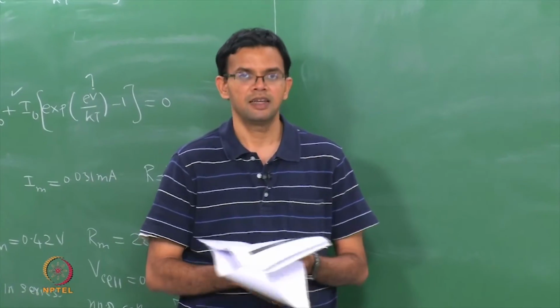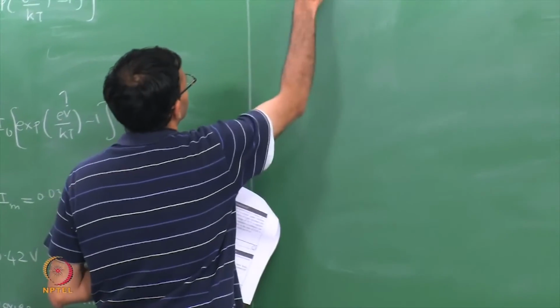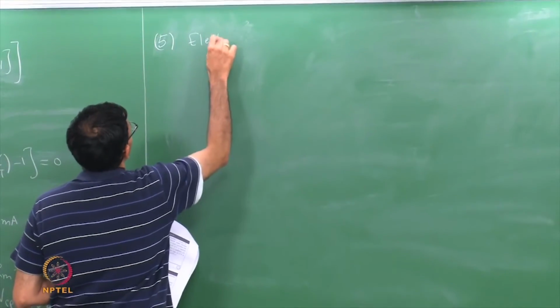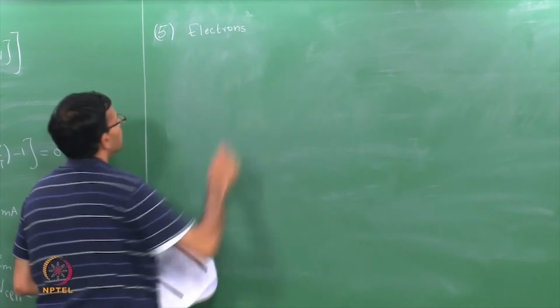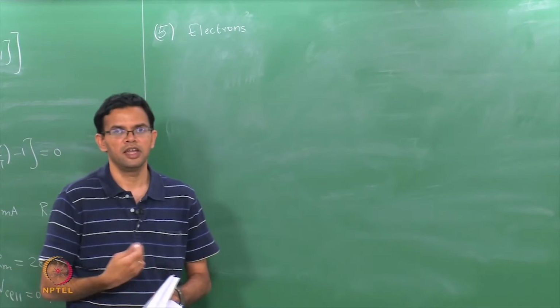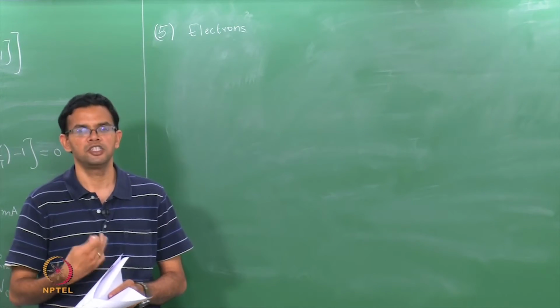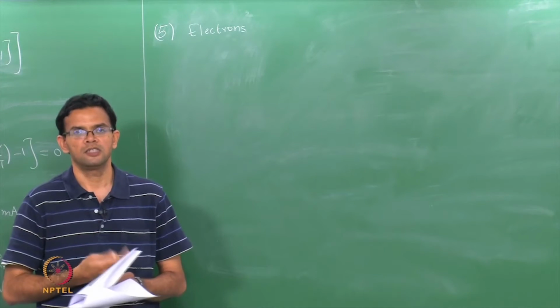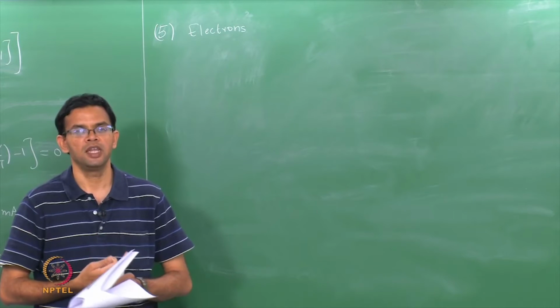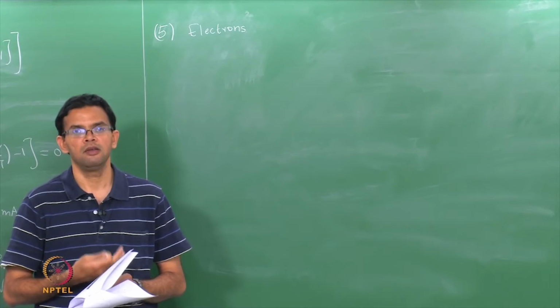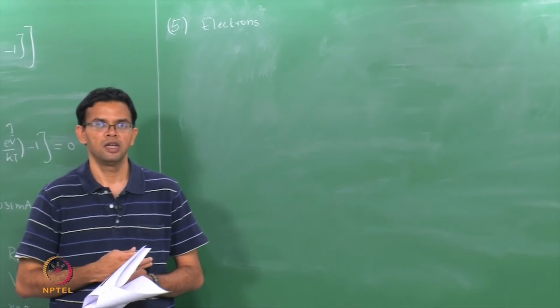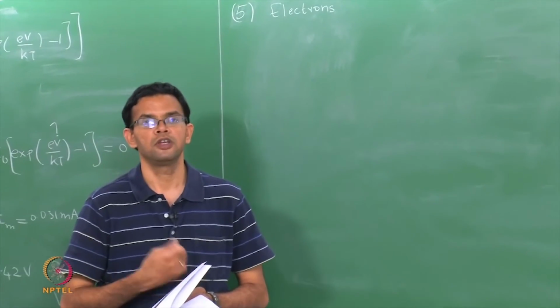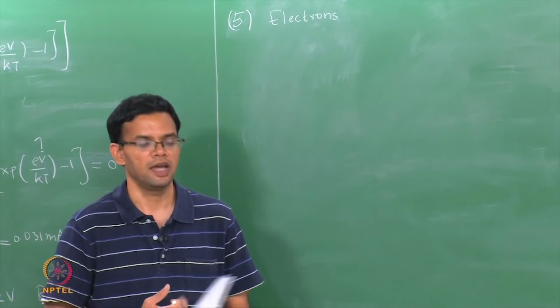In this particular case we are going to take electrons to be the minority carriers. The increase in current is always due to the increase in the minority carriers. This is especially true when we have weak illumination, where we assume that the illumination intensity is smaller compared to the concentration of the majority carriers.